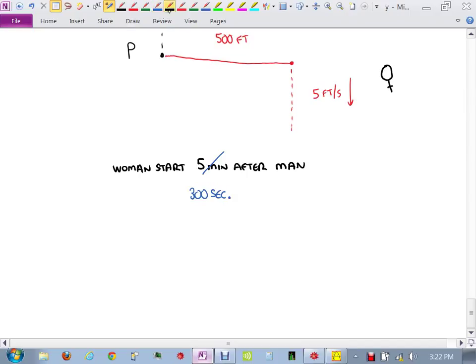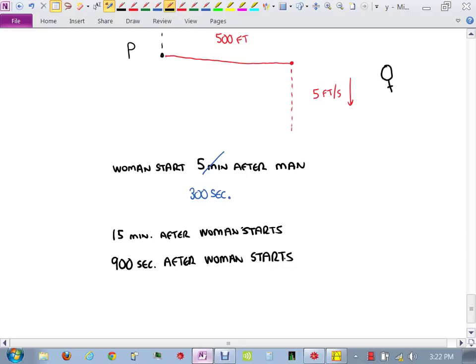So 15 minutes after the woman starts walking really means what? 15 times 60 is what? 900 seconds after the woman starts.